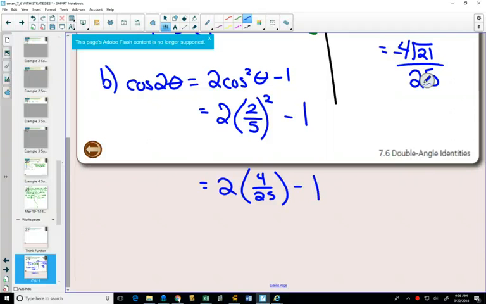Multiply by 2. This will make it 8 over 25. And if I'm going to subtract 1, I'm going to need a common denominator. So I'll change my 1 to 25 over 25. And so I get that cos of 2 theta is equal to negative 17 over 25.